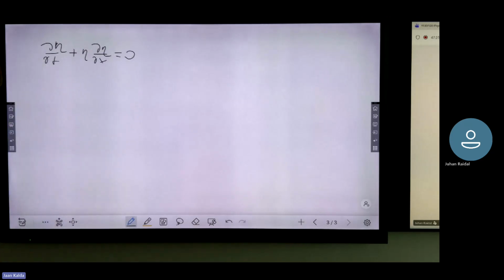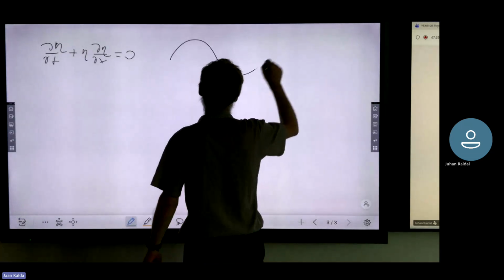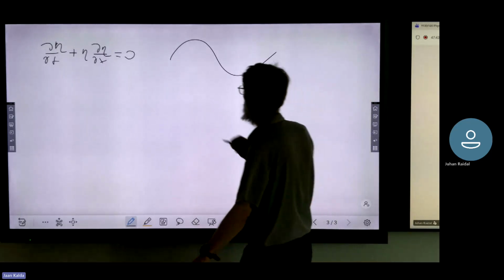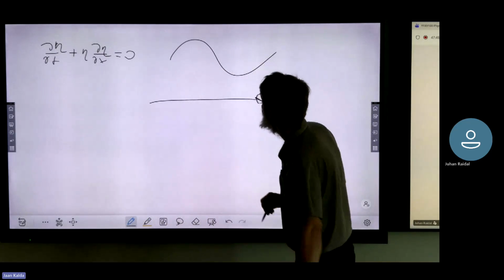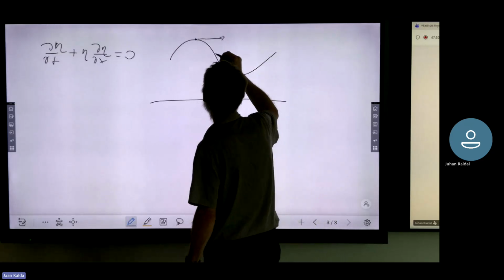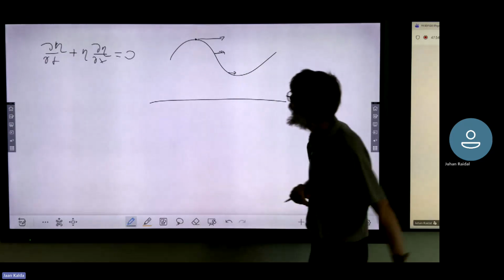And this is the full derivative where the speed is eta, the height itself. So if we have initially a wave like that, a wave pattern on the water, here is the bottom, right? Then these points here move faster, and these move slower, and these move even slower, right?